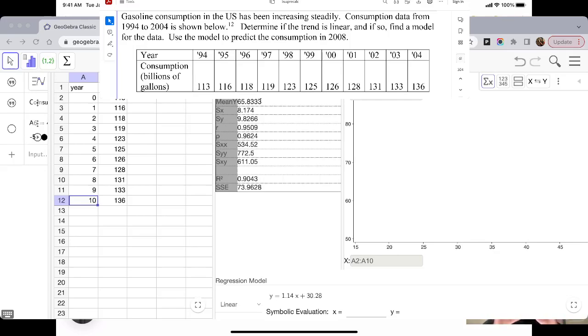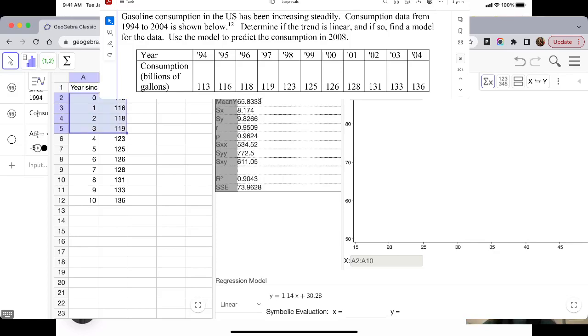So the data is not going to be the same. The best way is, instead of the exact year, we use the years since 1994.